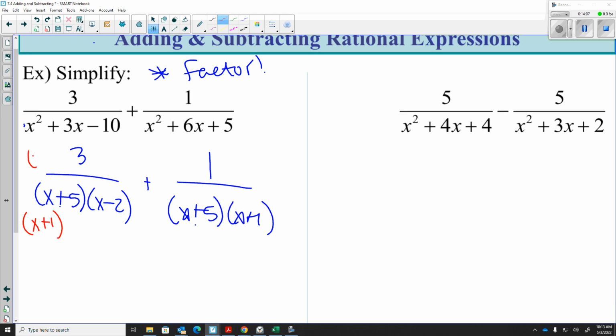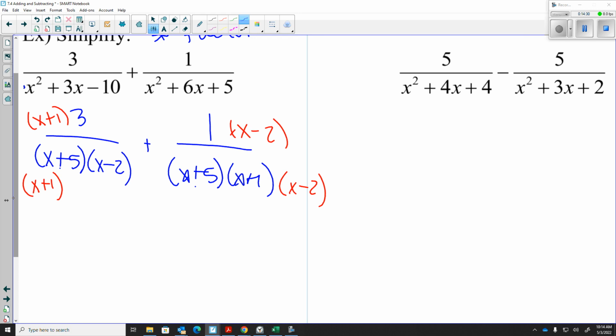And I'm going to multiply this one by x minus 2. Just give it the piece that it's missing in order to match the other one, okay? So again, I'm not going to multiply the bottom. I don't want to multiply all those out. But I am going to multiply what's on top. And we need to be careful that we distribute into each piece, right?